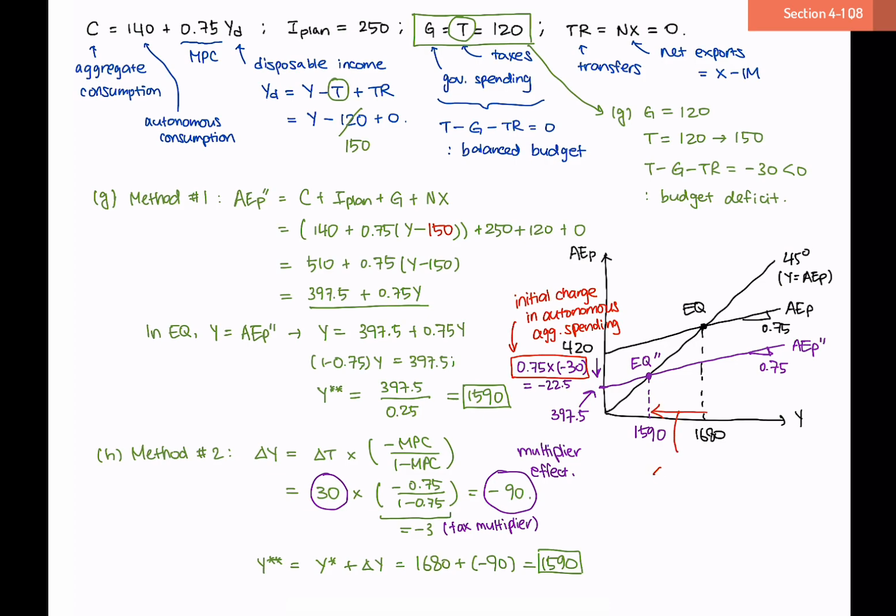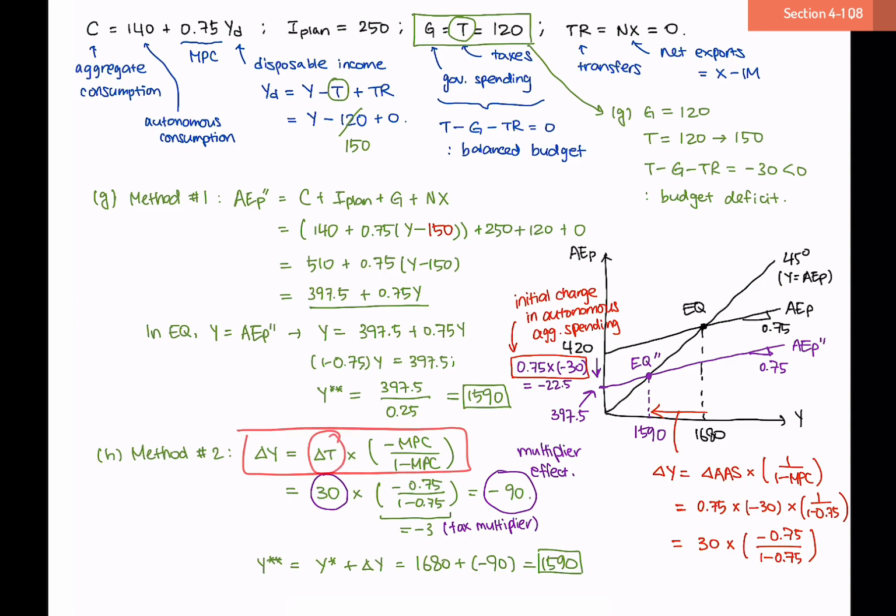Our total change in output is MPC times negative of the change in taxes times the spending multiplier of 1 over 1 minus MPC. If we rearrange this, then we get 30 times negative 0.75 over 1 minus 0.75, which is basically the change in taxes times negative MPC over 1 minus MPC.